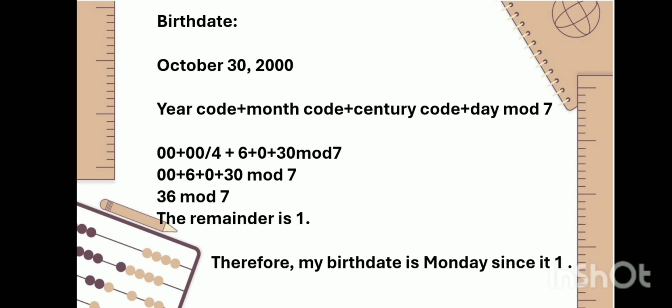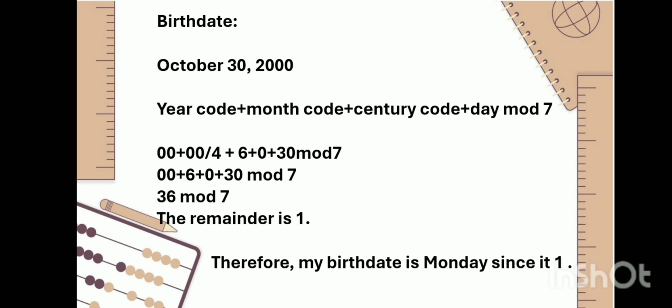And next is to calculate the century code, which is equal to 0 since I was born in the year 2000, by using the codes 0531 from 1600s to 2000s. So 2000s falls to the code of 0.